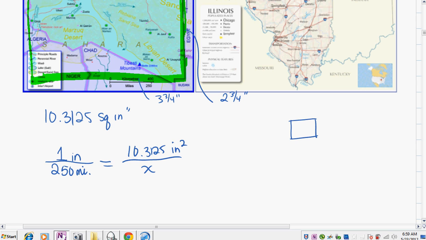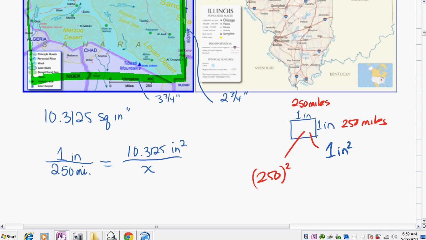Well, if this is 1 inch and 1 inch, that's the same as saying this is 250 miles and 250 miles on some portion of the grid. So the area of this is in fact 1 square inch. Let me write that in blue. 1 square inch. But it is also 250 squared miles squared.